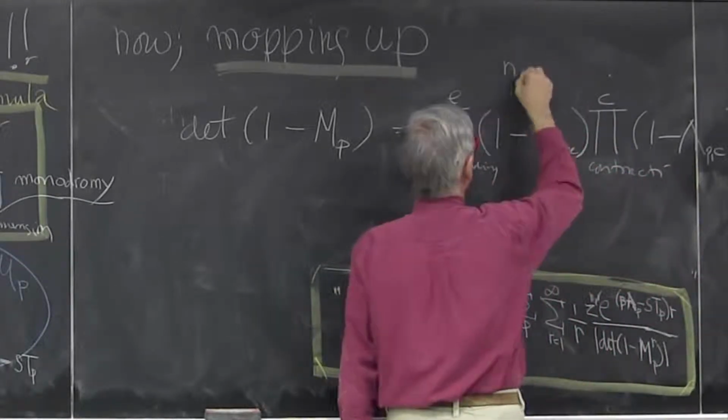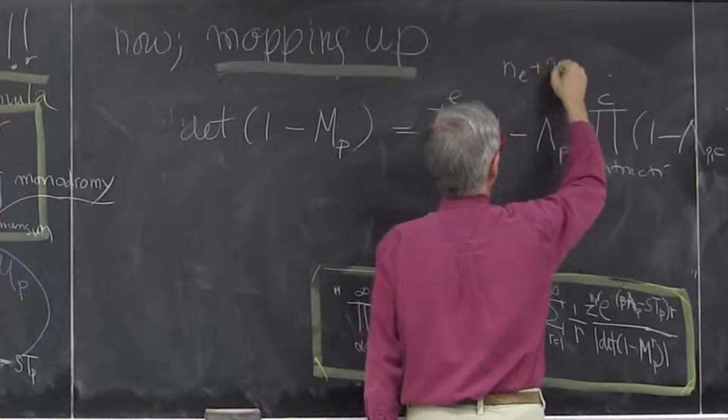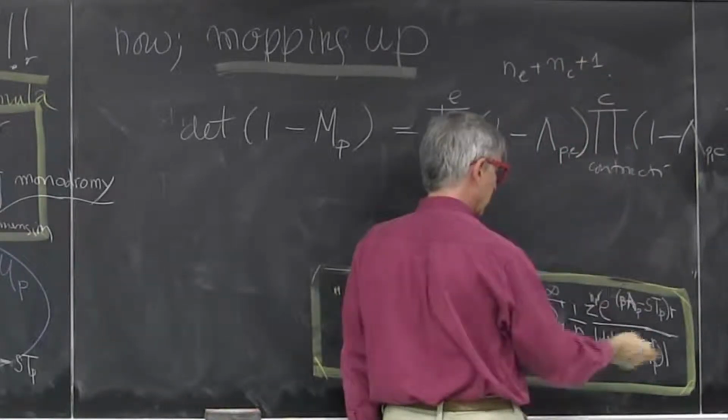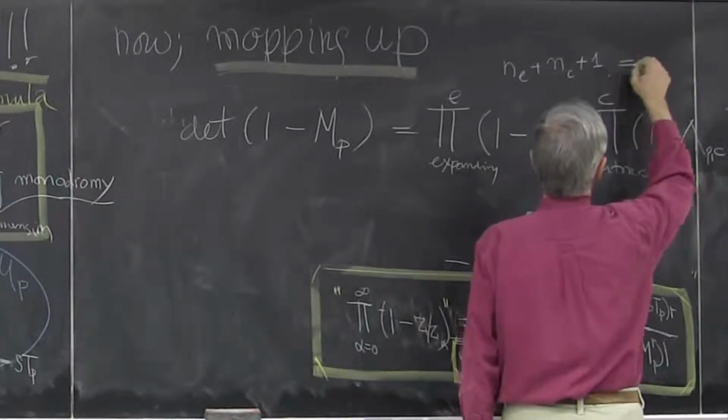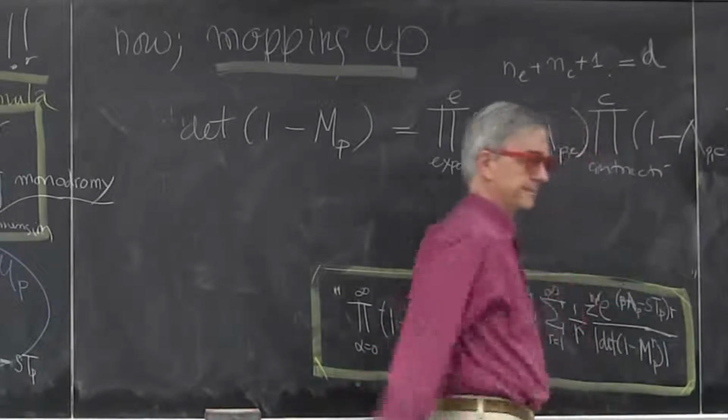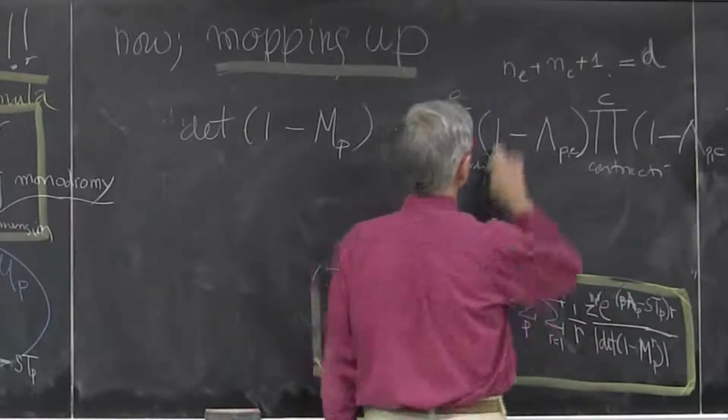The number of expanding plus the number of contracting plus 1, because there's one marginal direction along the flow that we have eliminated, is the whole dimensionality of the space. So maybe I should call this D.